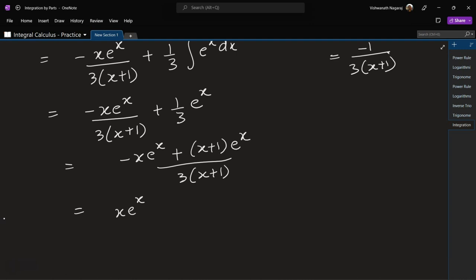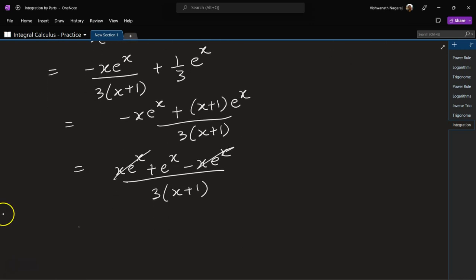Let's bring the positive side first. x e to the power of x plus e to the power of x minus x e to the power of x by 3 times x plus 1. So here this and this cancel out, and we are left with e to the power of x by 3 times x plus 1 plus c. So that is the integral.